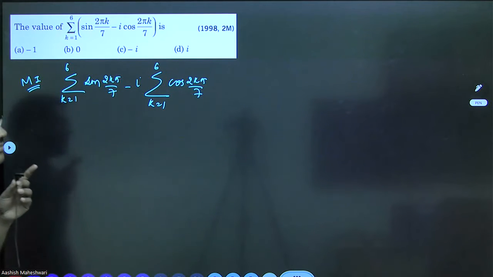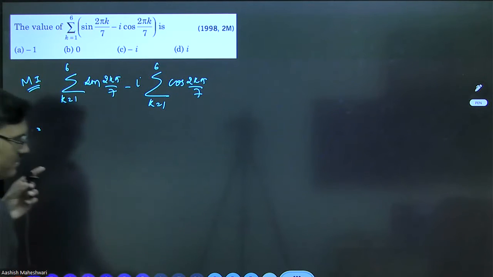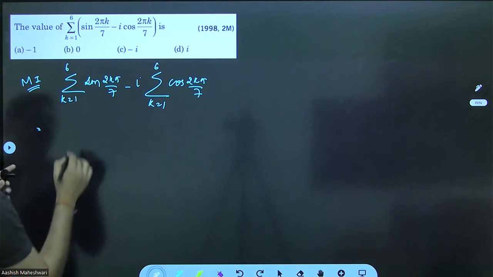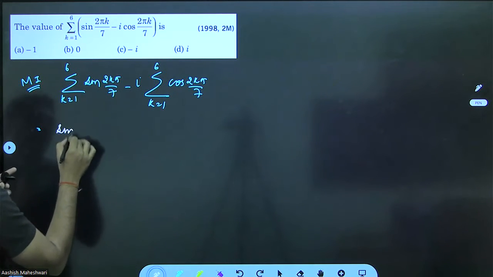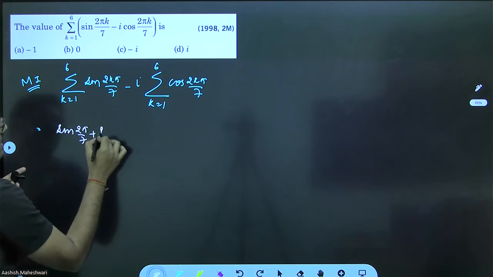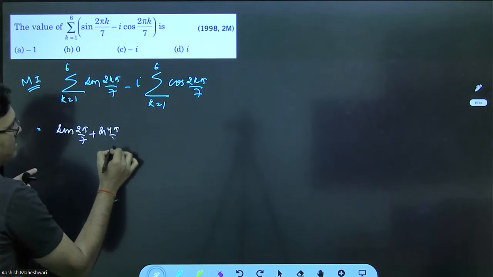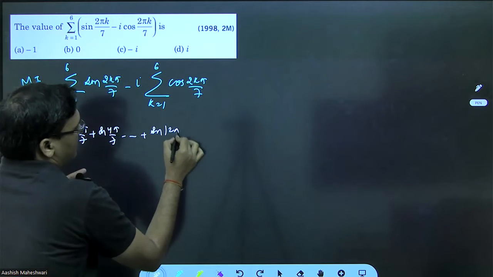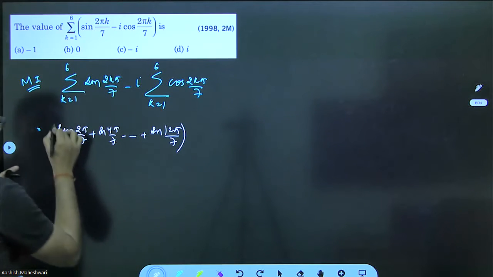We have this. Now see here, if I just open this, the first bracket is sine. If I put k equal to 1, 2 pi by 7, then sine 4 pi by 7, and so on, plus sine 12 pi by 7.